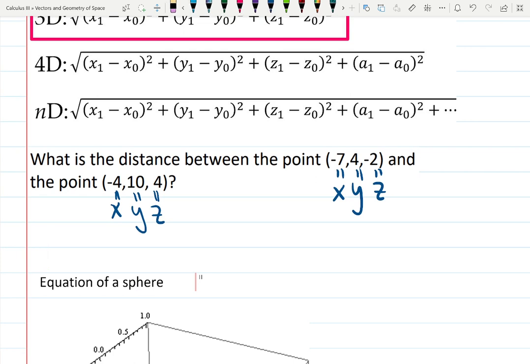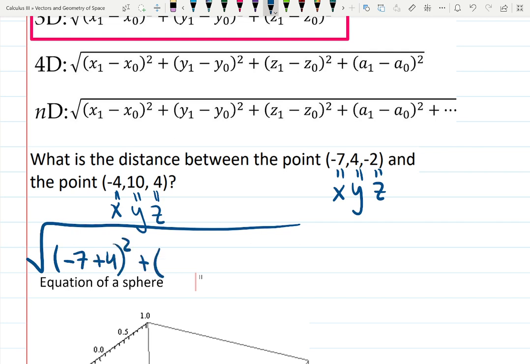But I do know that there's a huge square root, and it's going to be x minus x squared, so -7 minus 4 squared plus 4 minus 10 squared plus -2 minus 4 squared. That's it. Good enough. Can you do that?